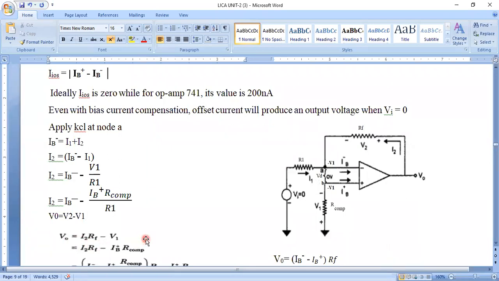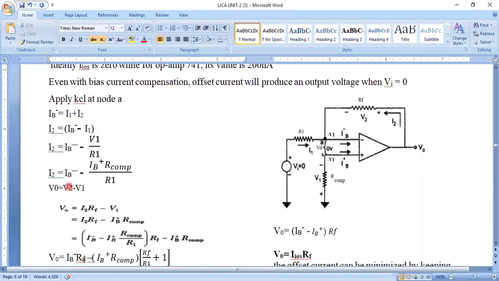If we simplify further, V2 is the voltage drop across the feedback resistance, and V1 is the voltage drop across the compensating resistance, that is I2 into RF minus IB plus into R compensation. We already calculated the value of I2, so substitute that value of I2 here.